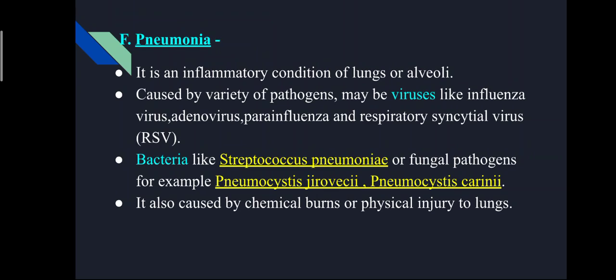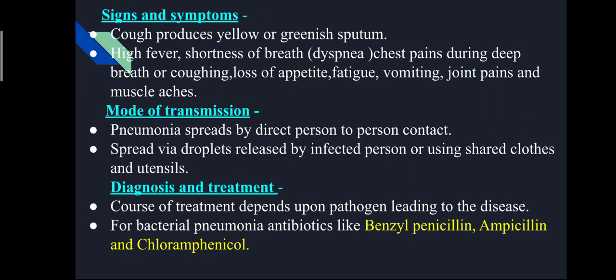Then we study the signs and symptoms. Generally, the symptoms such as cough that produces yellow or greenish sputum, high fever, shortness of breath or dyspnea, chest pains during deep breathing or coughing, and loss of appetite, fatigue, then headache, vomiting, joint pains, and muscle aches.